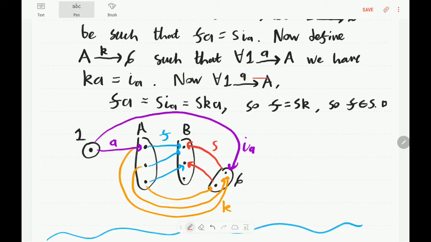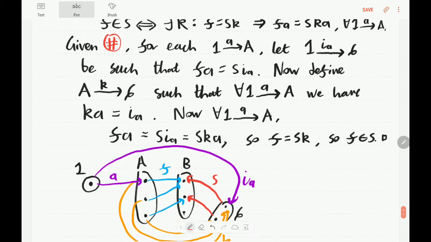So now for every point of A, we've got that fa equals sia, and doing the substitution, that's equal to ska.